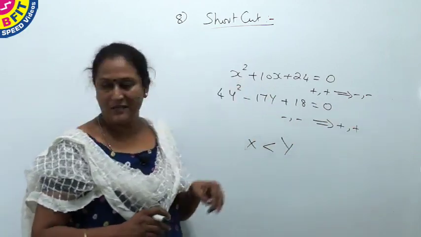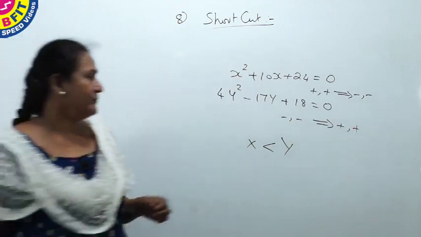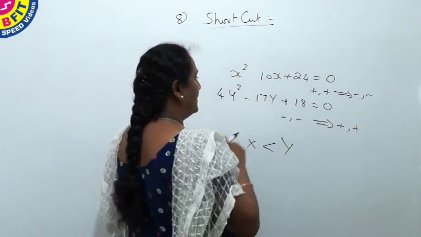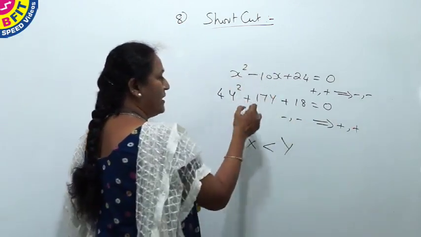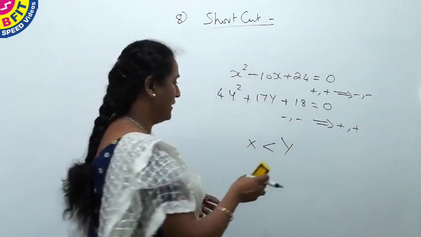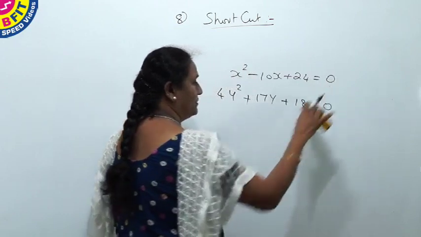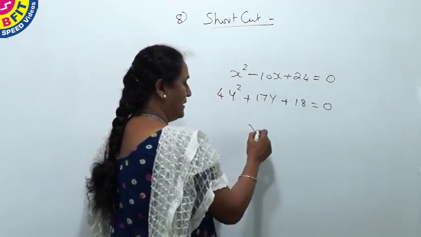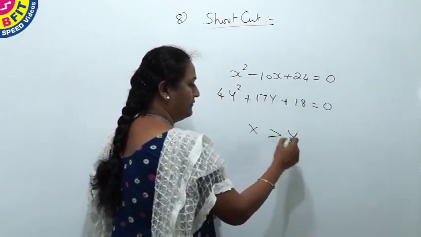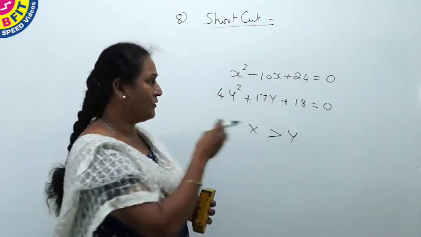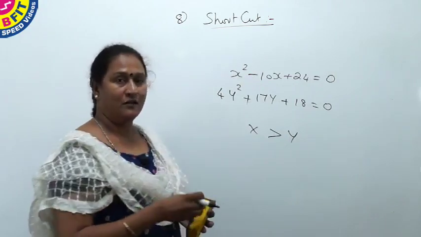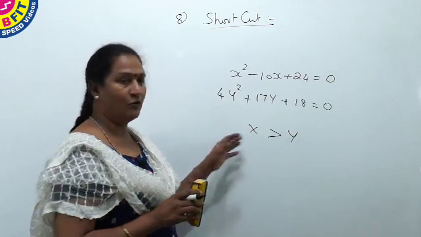Suppose if these symbols are changed, so you have minus for coefficient of x and plus for coefficient of y. Clearly, without choosing the values, the negative variable x will be greater than y. So no need to work out the equations, solve and get the solutions and go for the option.